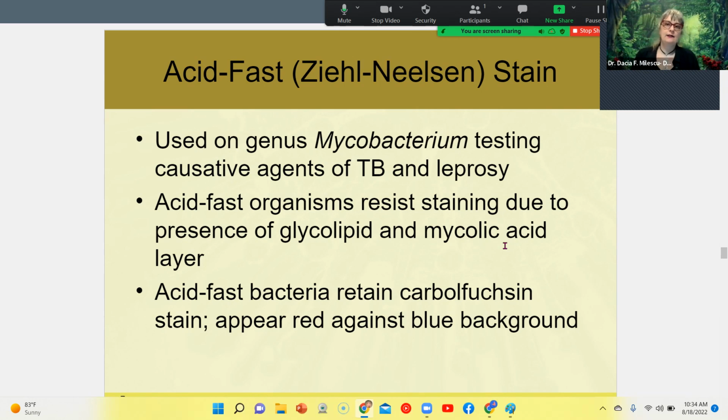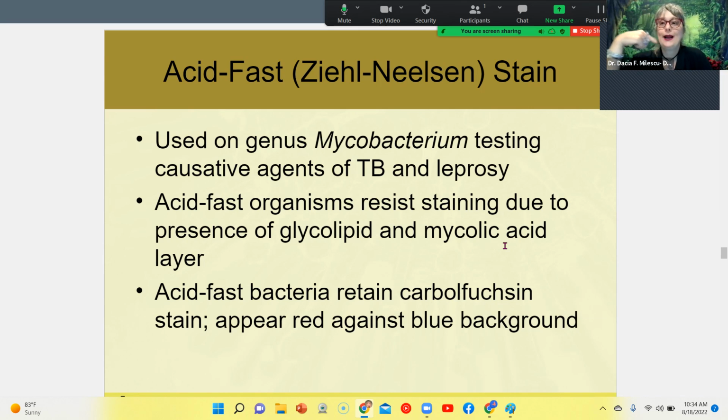The acid-fast stain is used specifically on Mycobacterium, the causative agents of tuberculosis and leprosy. Acid-fast organisms resist staining due to a glycolipid and mycolic acid layer.